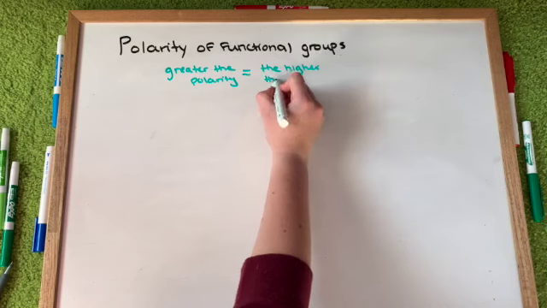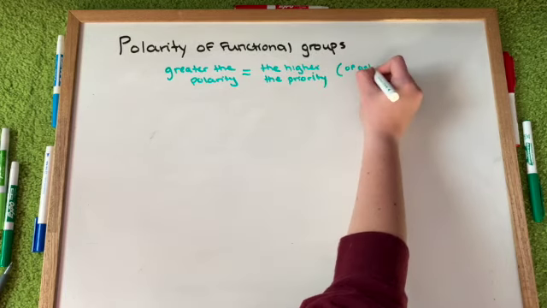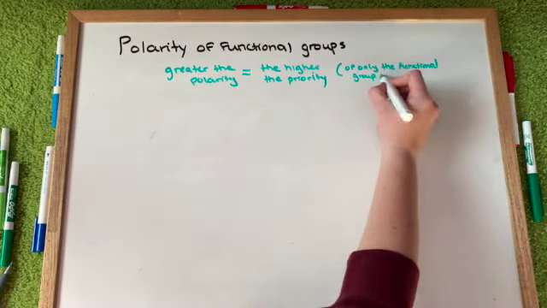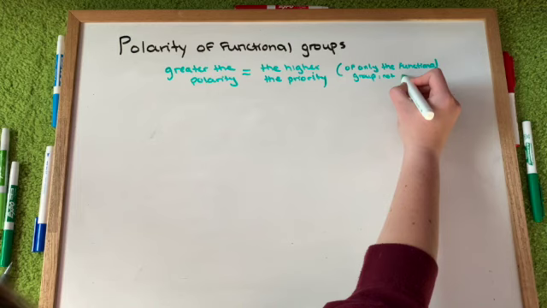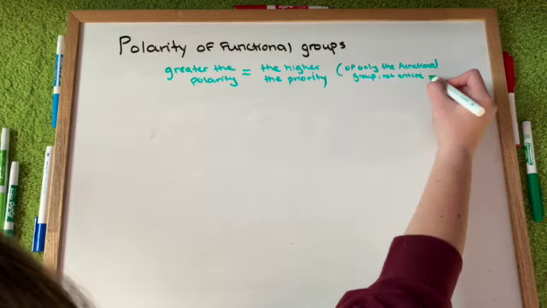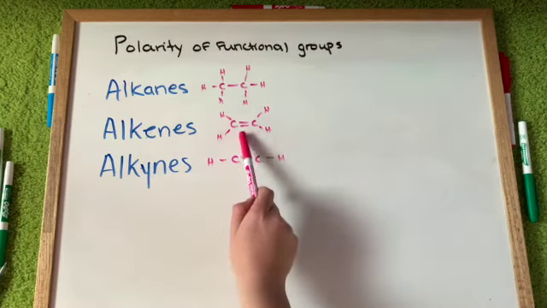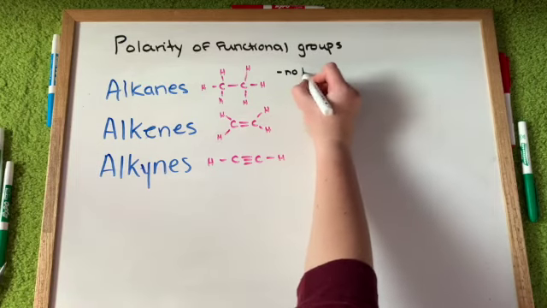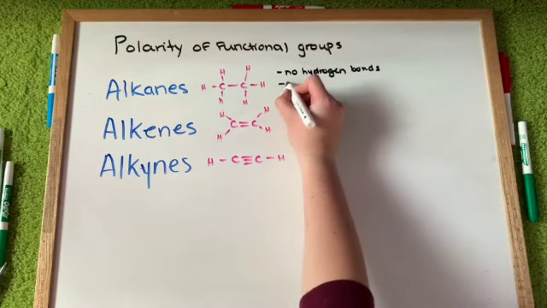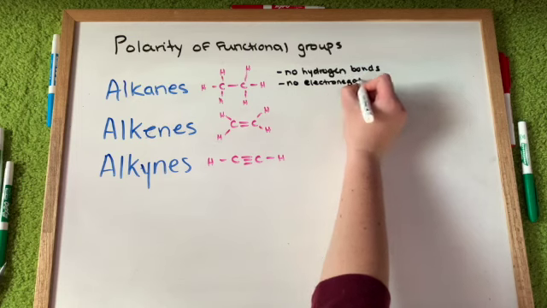To expand on the topic of functional groups, I just wanted to talk about polarity but not go too in depth. So the greater the polarity of the molecule, the higher the priority. And just to specify, this is only with the functional group, not considering the rest of the molecule. So here we have alkanes, alkenes, and alkynes, and as you can see in the alkanes, there's no hydrogen bonding present.